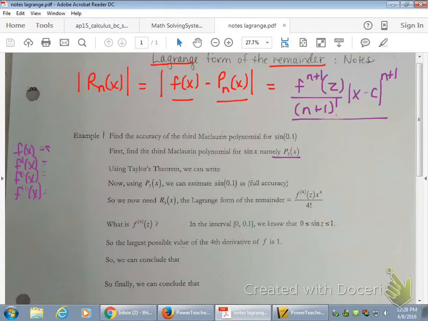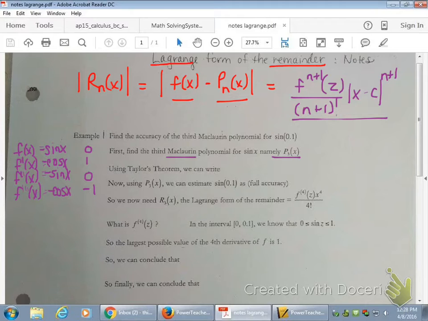Okay, I know f of x is sine of x. The derivative is cosine, negative sine, negative cosine. It says Maclaurin, so I know that I'm plugging in 0 for all of these. Sine of 0 is 0, cosine of 0 is 1, sine of 0 is 0, cosine of 0 is 1, and there's a negative, so we've got that.